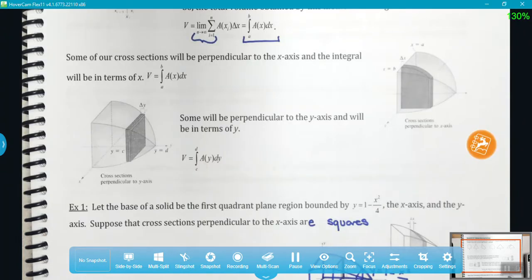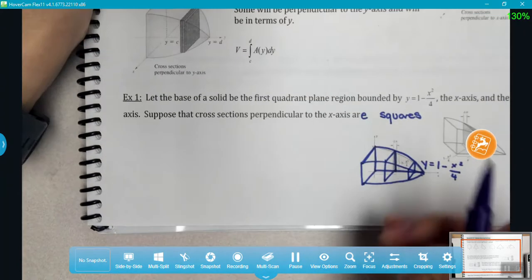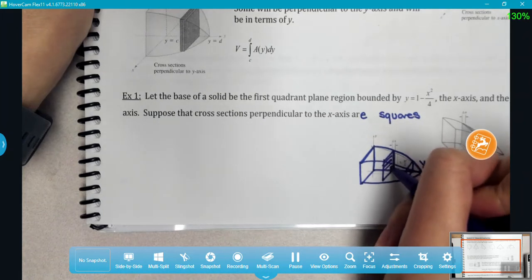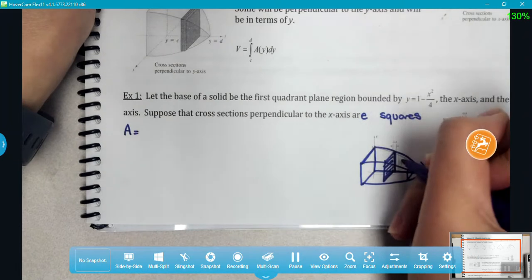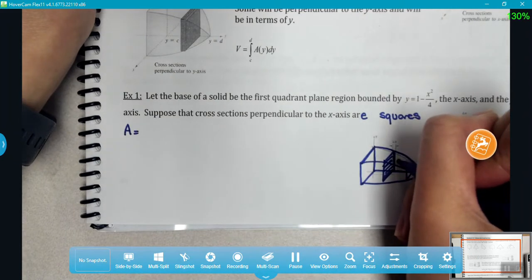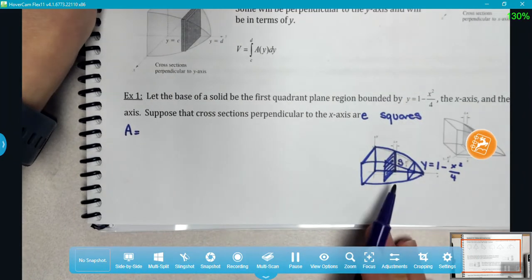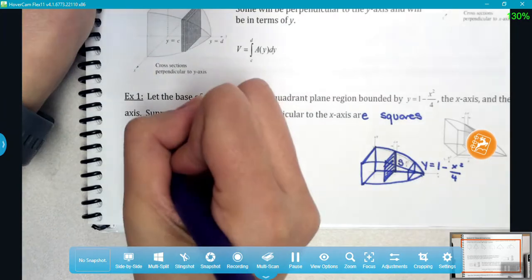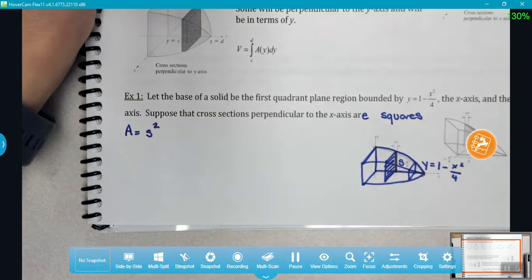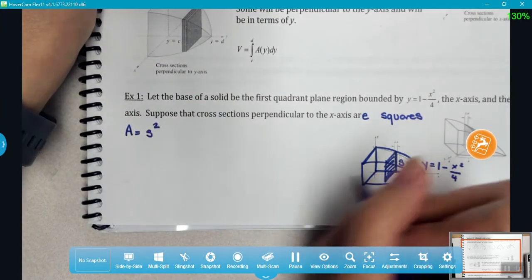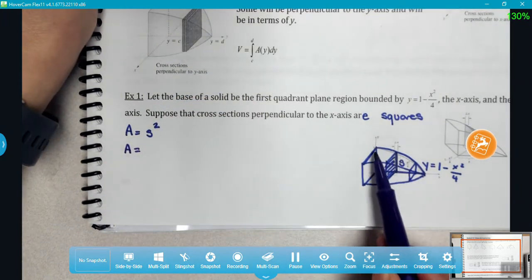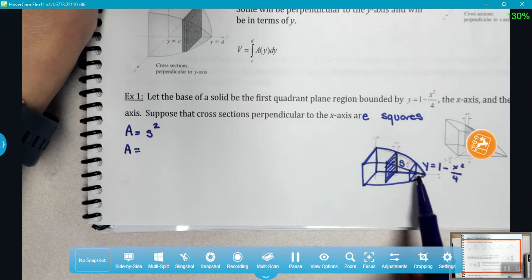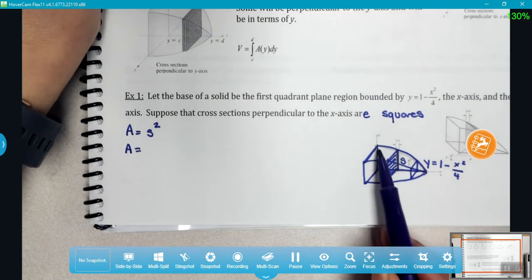All right, so we need the area of one cross section. To find the area of the cross section, remember this little length right here is your s. For squares, area is side squared, right? To figure out one side, we're going to make an equation because the side changes depending on if you're here or here. So we don't want numbers, we want equations.